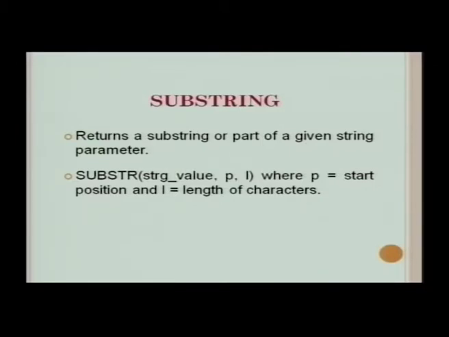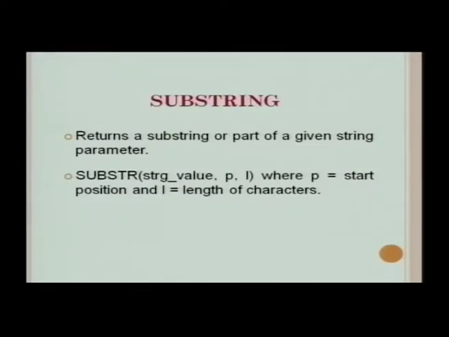Suppose organization is the value in one of the columns. I want only 5 characters starting from O, that is ORGAN. So, I have to present the start position as O and the length of characters as 5. The string will then display the part called ORGAN.